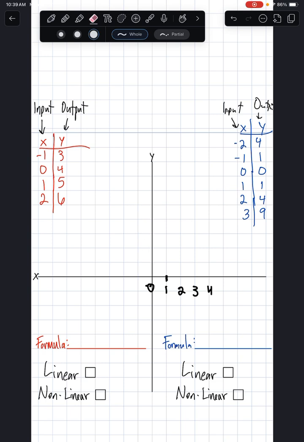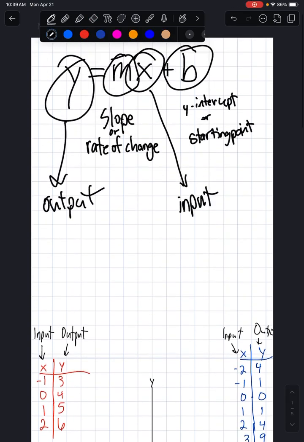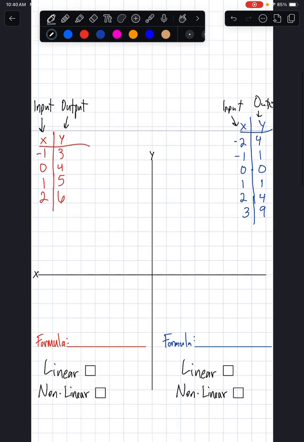So that's those points, and that's what those terms mean. So output is y, slope or our rate of change is m, x is our input, and b is our y-intercept or our starting point. So with this table right here, I want you guys to use your pencil or your finger to point on the graph where you think the points are going to go on the screen, or you can draw out your own graph.